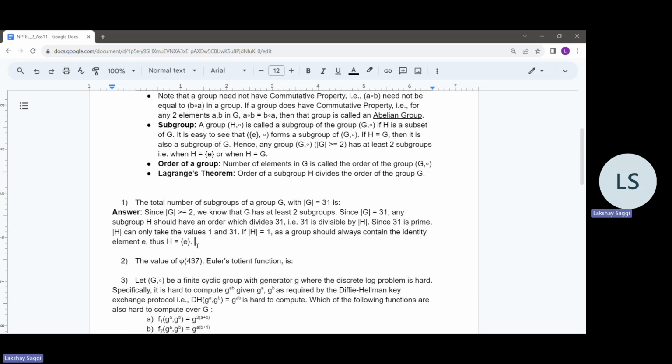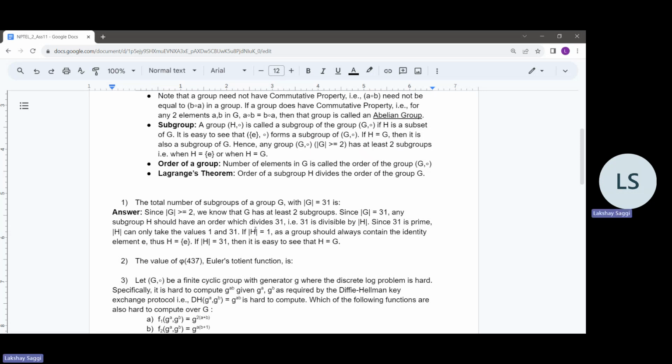Similarly, if |H| is 31, then G also had 31 elements, and H is a subset of G. If H also has 31 elements, then H is equal to G itself.